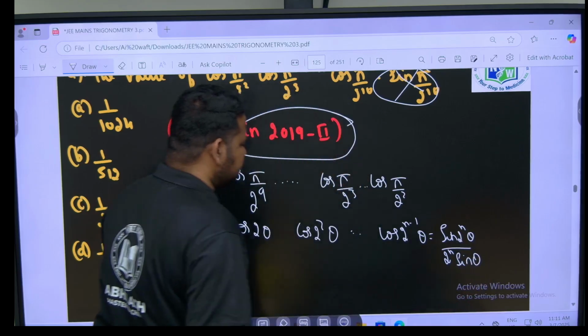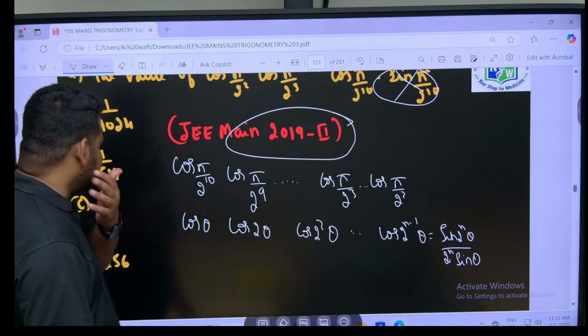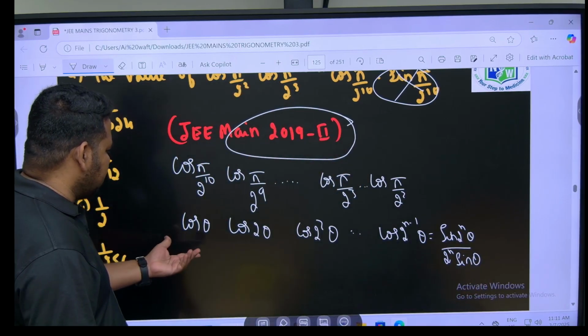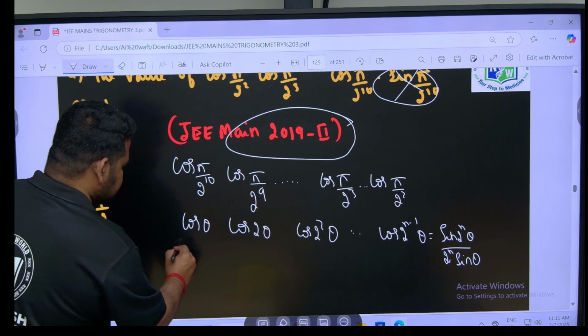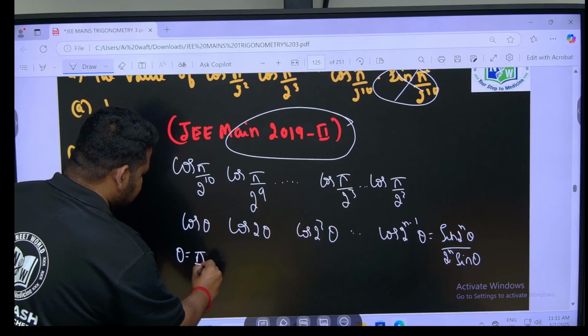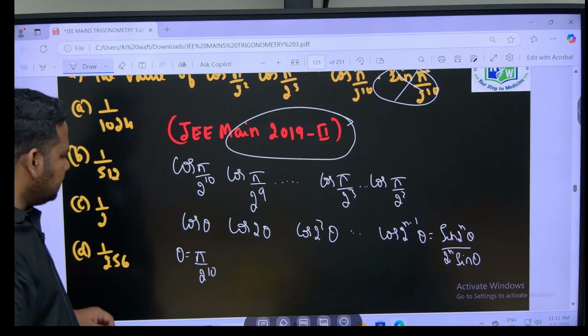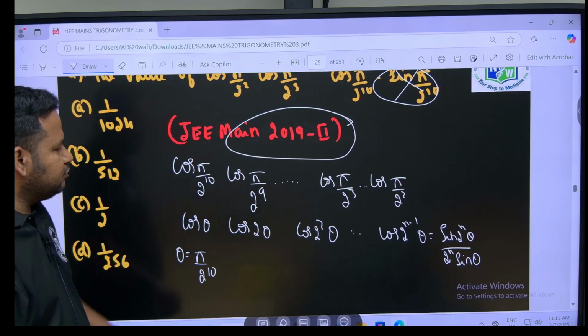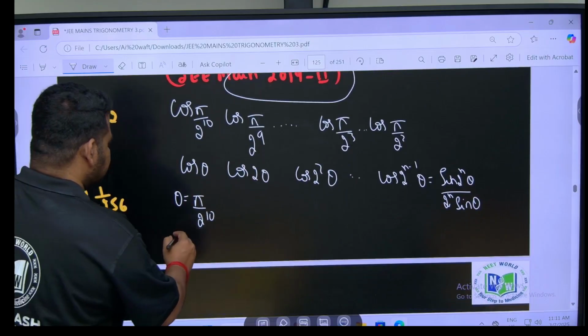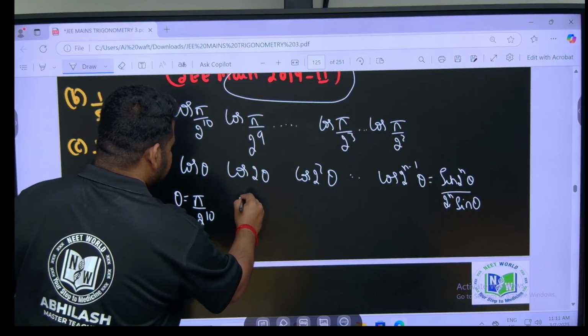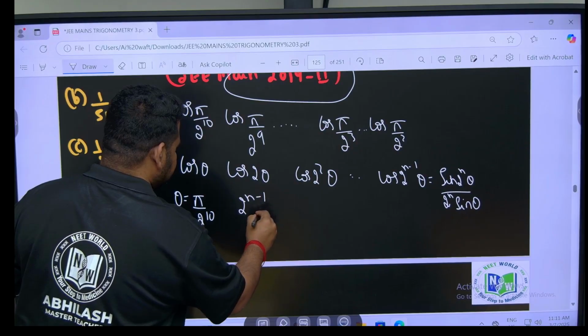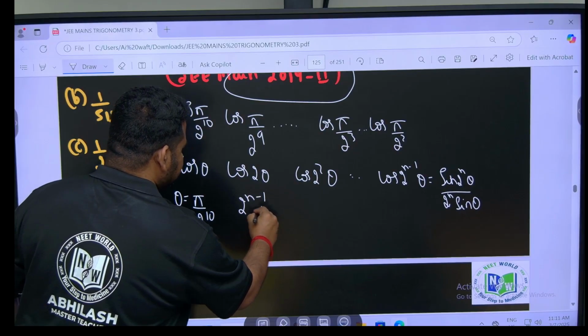Correct now? So here, if you look at this, what are we having? We are having theta or a. Theta here is pi by 2 to the power of 10. Correct now? Now, what about 2 to the power of n minus 1 into theta? Because you have to find n now. So 2 to the power of n minus 1 into theta is what?